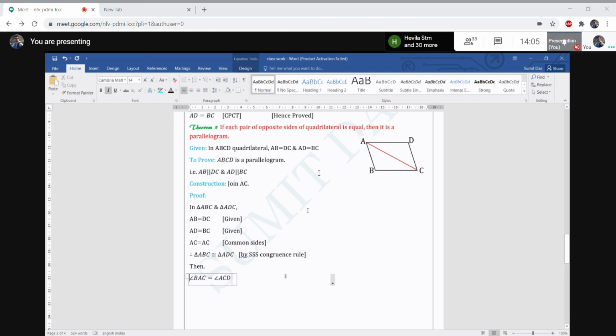Check this one. BAC, this angle, equal to ACD, this angle. Okay. By CPCT.